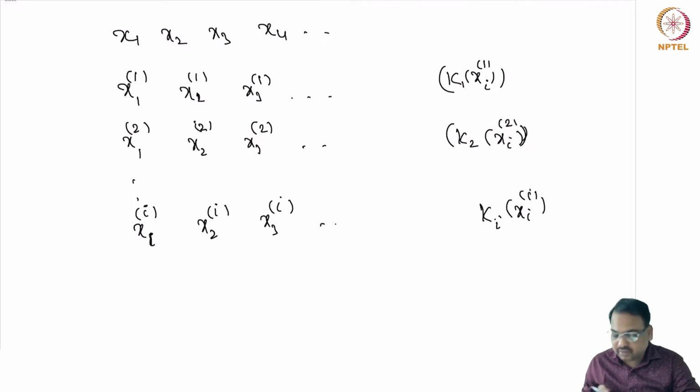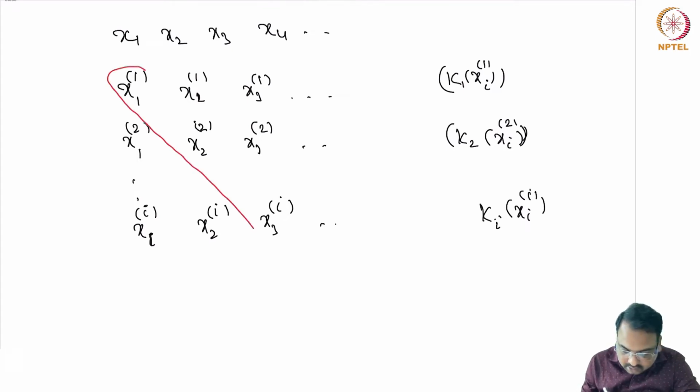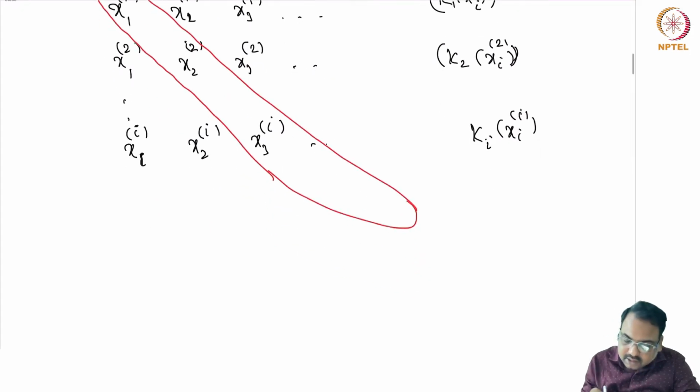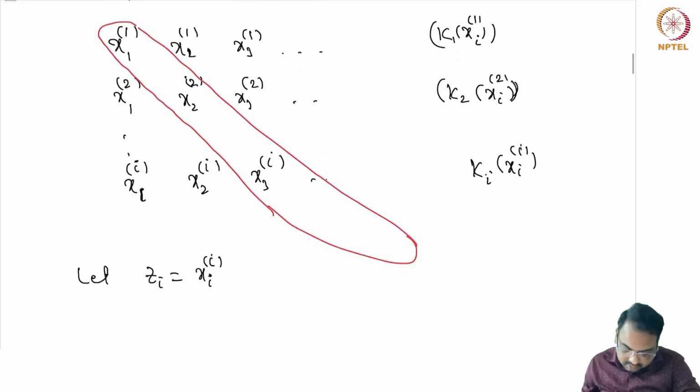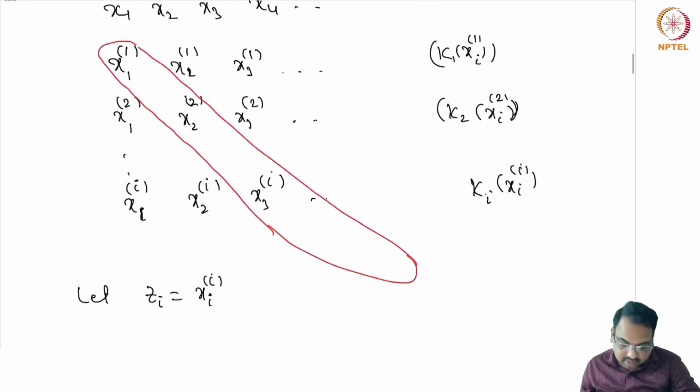convergent except for finitely many terms. So the obvious choice is that we look at these diagonal entries. Let us write zi as xii. Now this zi is a subsequence of the original sequence.